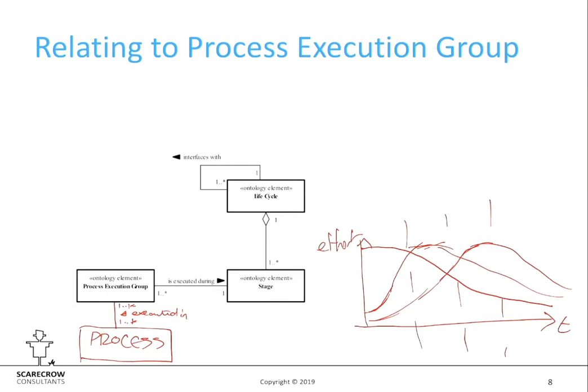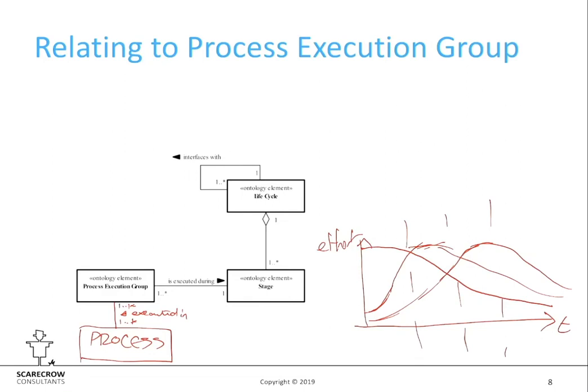So we model a multi-level thing, and we can create our Gantt charts based on that, and those Gantt charts reflect the actual processes that we do through time. So it's not the Gantt chart that forces waterfall thinking. It's just typically the way that they're used.